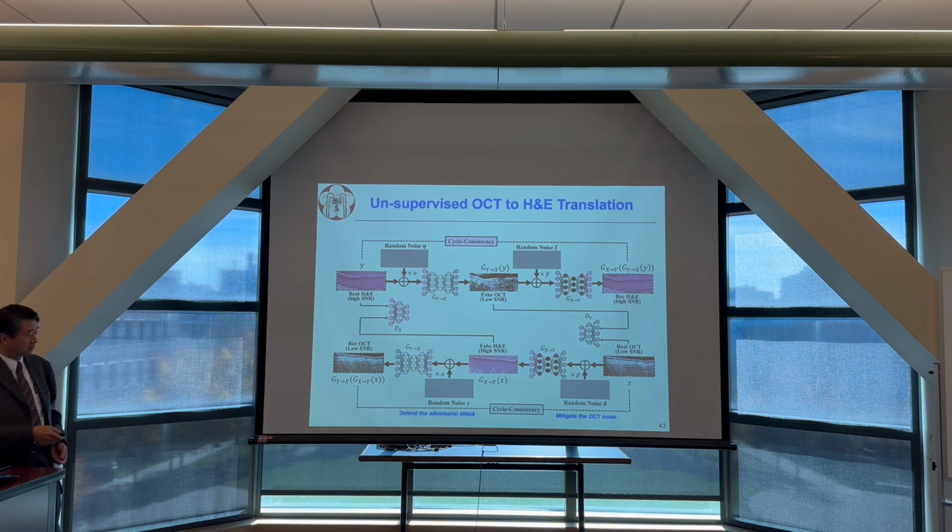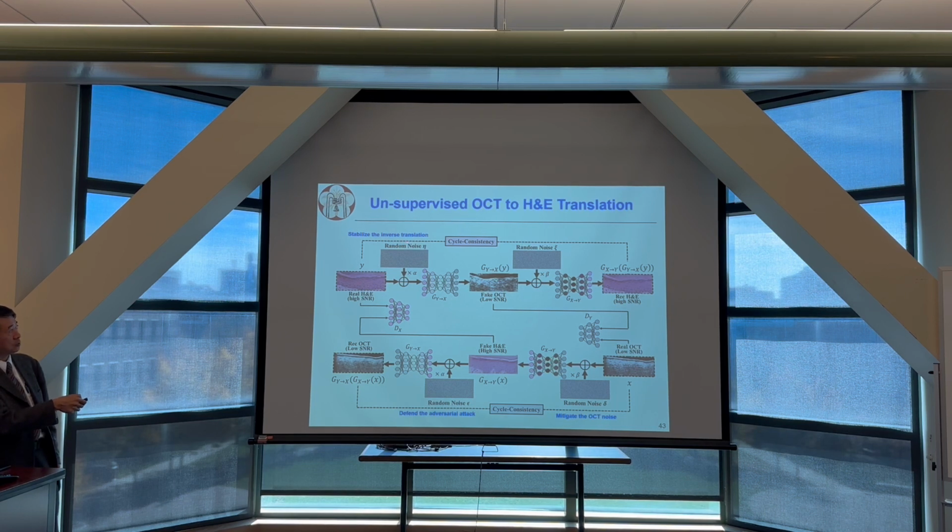Then from HE to OCT, you can add in some noise because people found that with a small change on the HE, the output may change a lot. So if you add in some noise, you can defend against this. People call this adversarial attack. Also from here to here, we're adding noise, because it doesn't make sense to translate a high quality imaging to a low quality imaging.